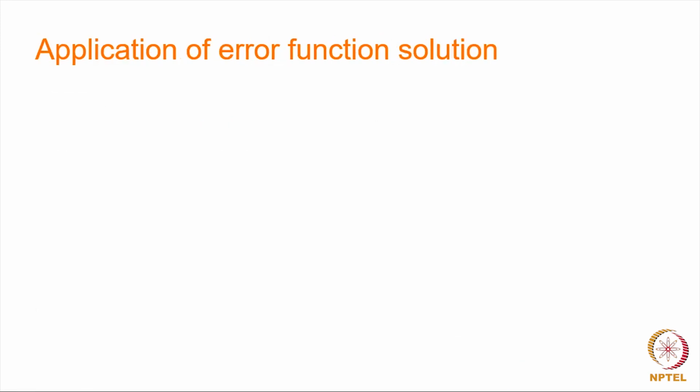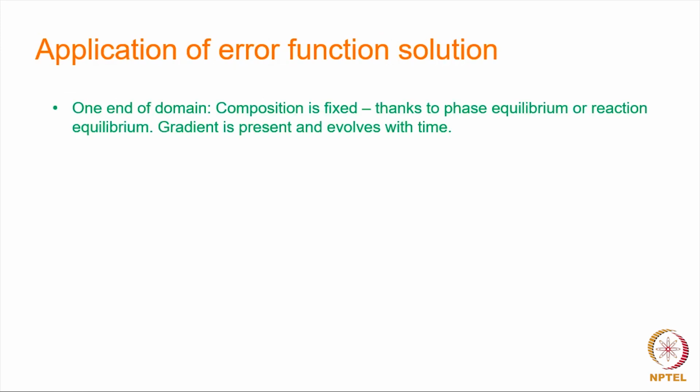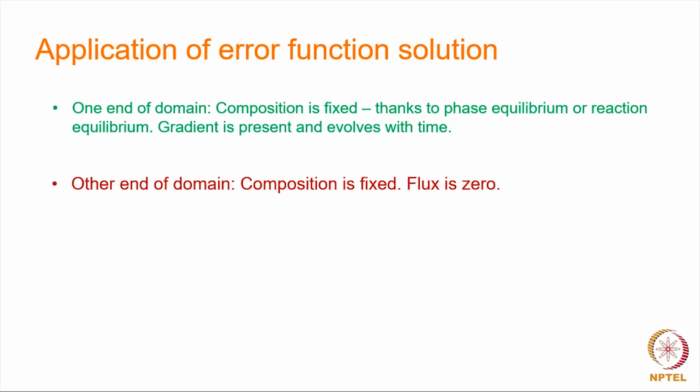So there is an application for the error function solution, and this we have to follow only when the conditions are suitable. Namely, at one end of the domain, the composition is fixed thanks to phase equilibrium or reaction equilibrium, and then there is a gradient that is present, and the gradient alone changes with time but not the composition. And at the other end of the domain, the composition is fixed and the flux is 0.